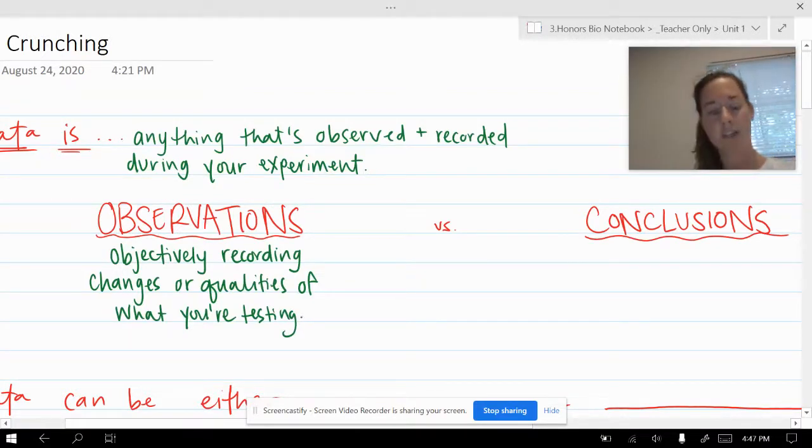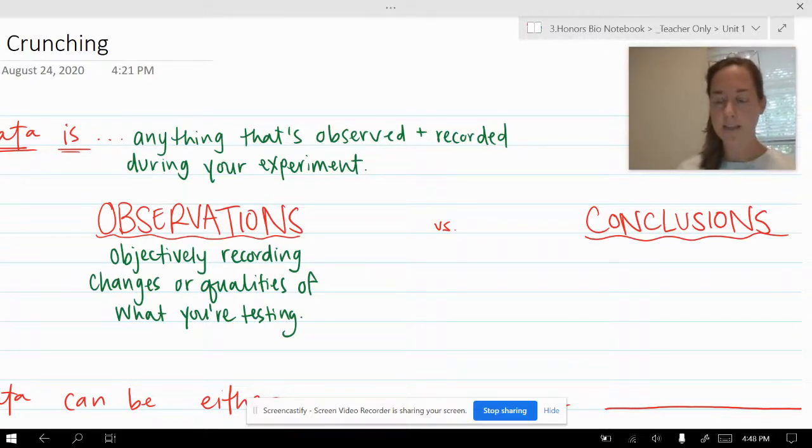Your observations could be related to size as long as they are measurements. If you said this plant is 12 inches, that is a good observation in science. If you said this plant is tall, that's an opinion. You and I might not say the same thing about whether that plant is tall.